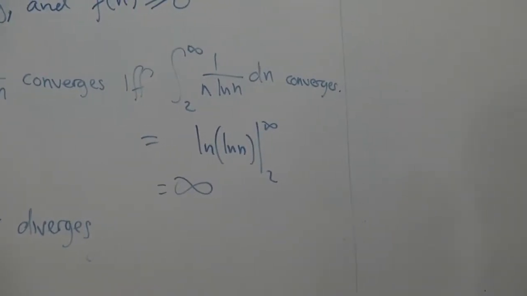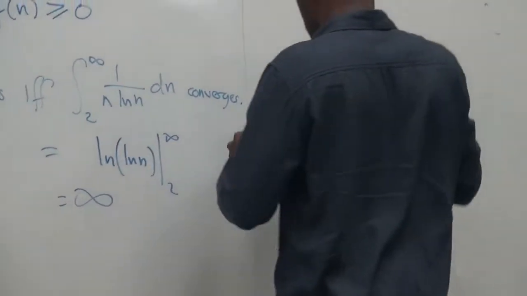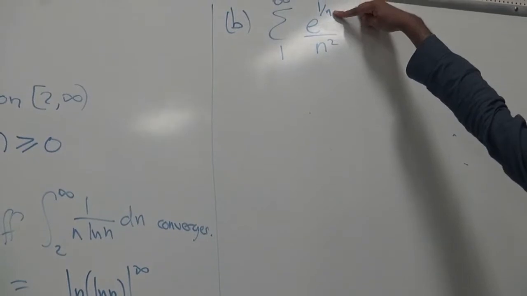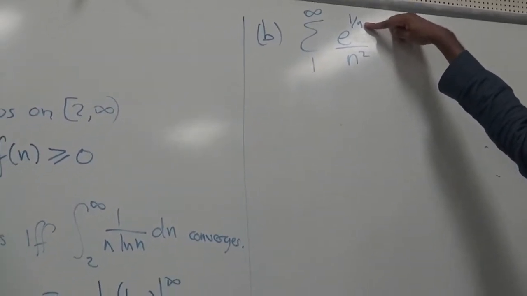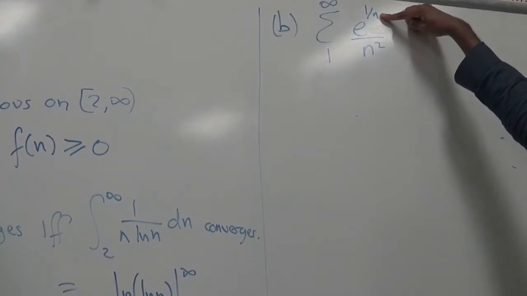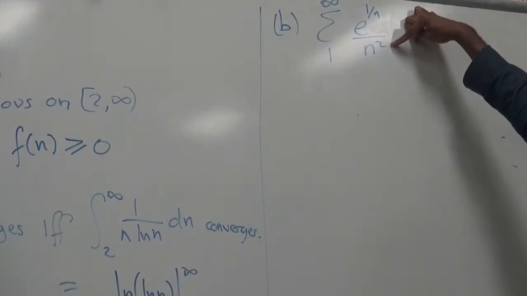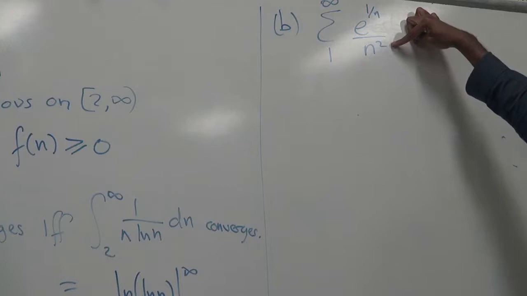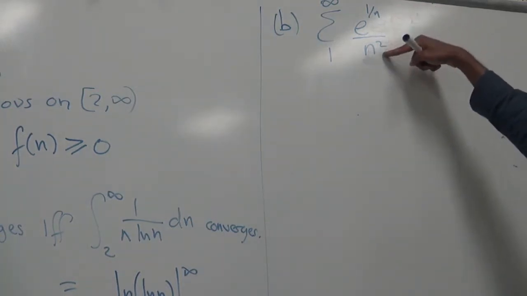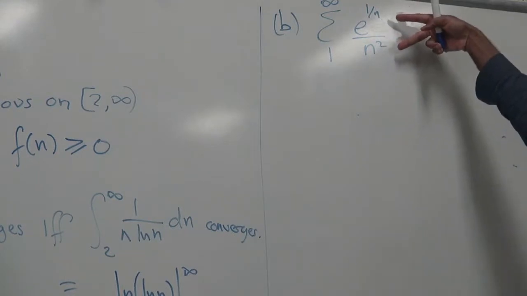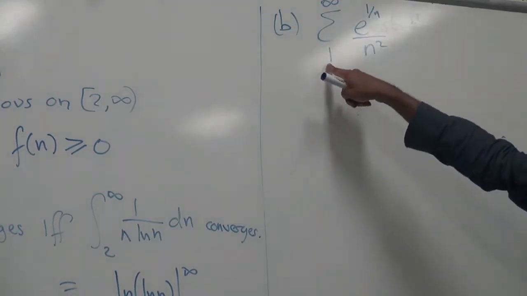What about this one? Notice here, as your n gets bigger, the power would go to 0, which means the top is going to 1, whereas the bottom is going to infinity. So this is an eventually decreasing thing. Of course, the exponential is continuous and n squared is continuous, so the ratio of two continuous functions is continuous as long as the denominator is not 0.